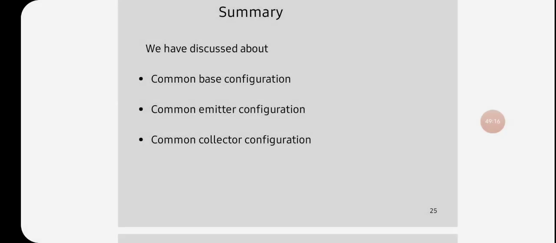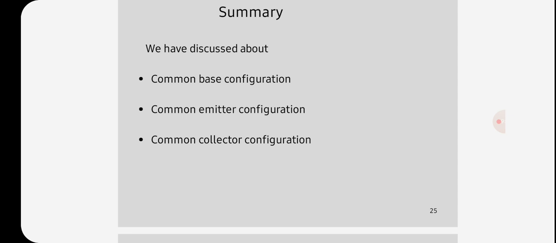And also it has the output impedance Z0. In common base it is very high, that is 1.66 mega ohm. In common emitter it is medium high, that is 54.3 kilo ohm. And in common collector the impedance is very low, that is 37.23.